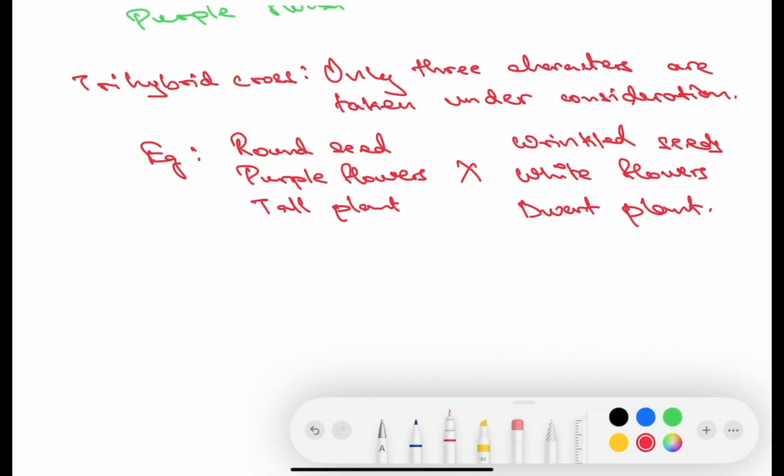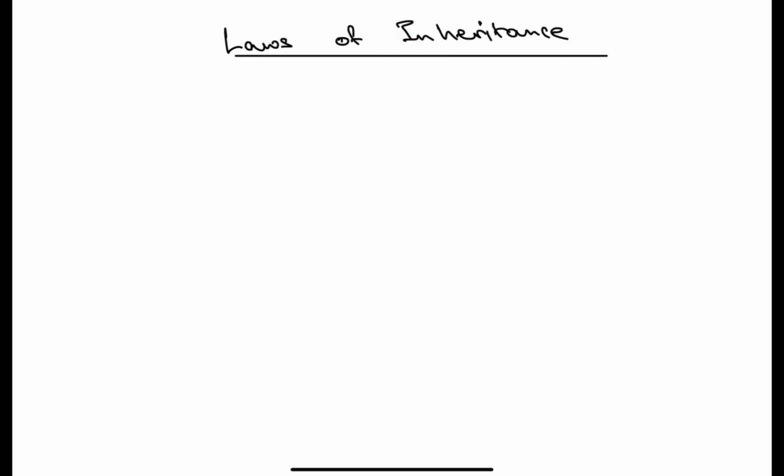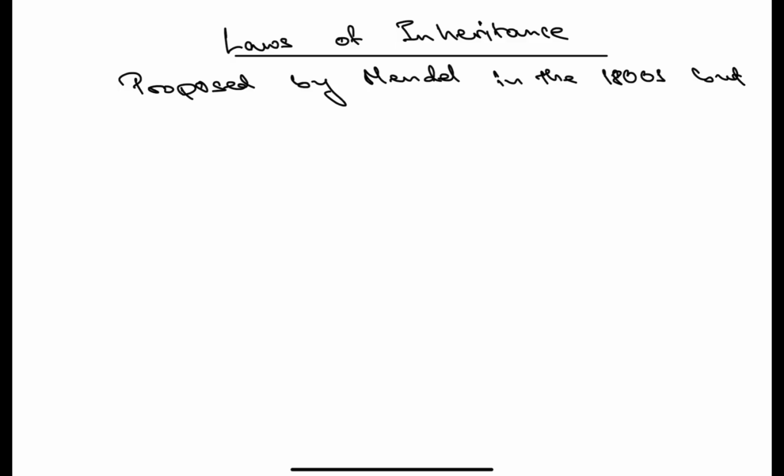Now let's come to the laws of inheritance. This is a very important part. These laws were proposed by Mendel in the late 1800s but were accepted in the early 1900s.